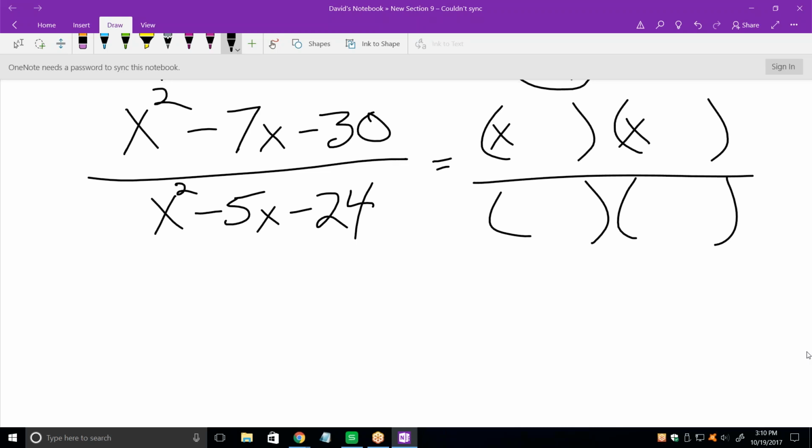Second step is both signs have to be opposite. It's the only way you can produce a minus 30. Third step is factors of 30 that subtract, because of that negative sign, to the number 7. What factors of 30 subtract to the number 7?